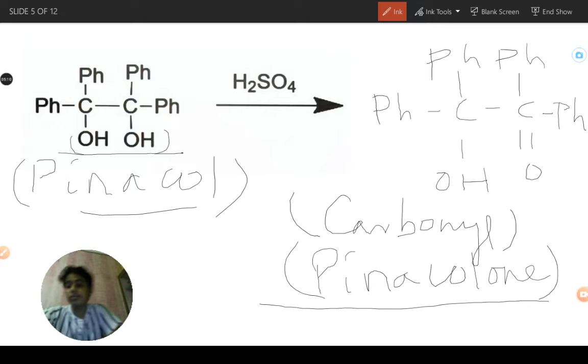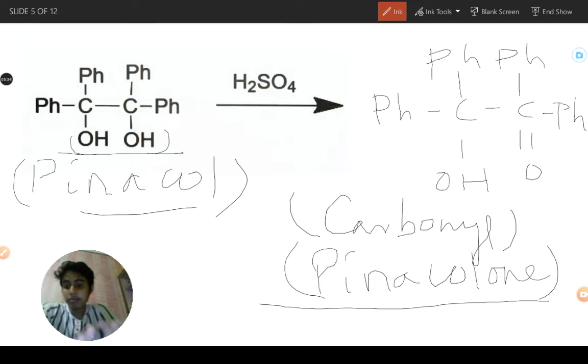But why do we do this reaction? There must be an application of it. We want some branched ketone in the laboratory, and the Pinacolone reaction is a very important reaction that gives us highly branched ketone.